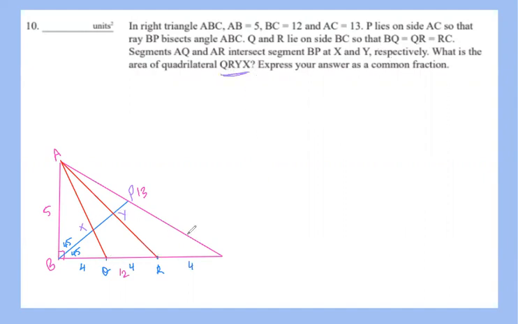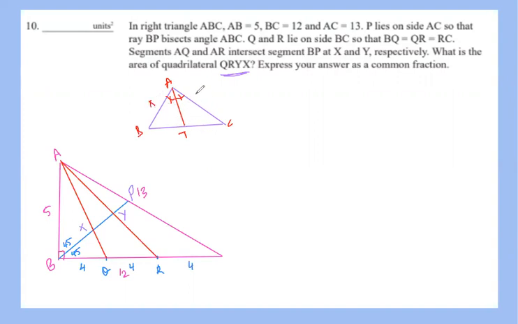So QRYX. First of all, I want to remember the angle bisector, because I see this is an angle bisector and it's dividing a lot of ratios. So let me remind us real quick. Whenever you have a triangle, let's call it ABC with segment AT. If AT divides angle A into two equal pieces, AT is called an angle bisector.